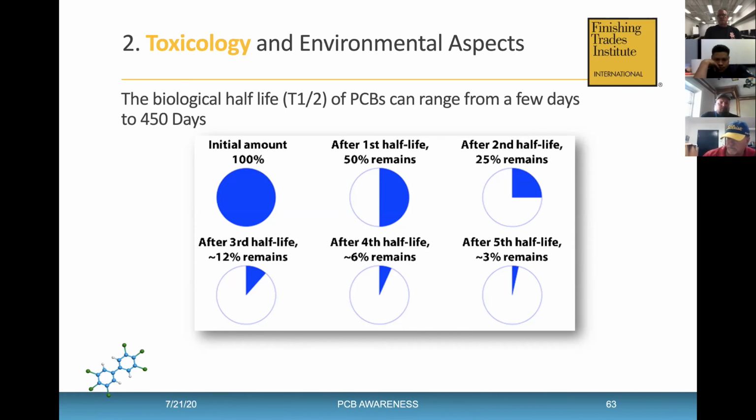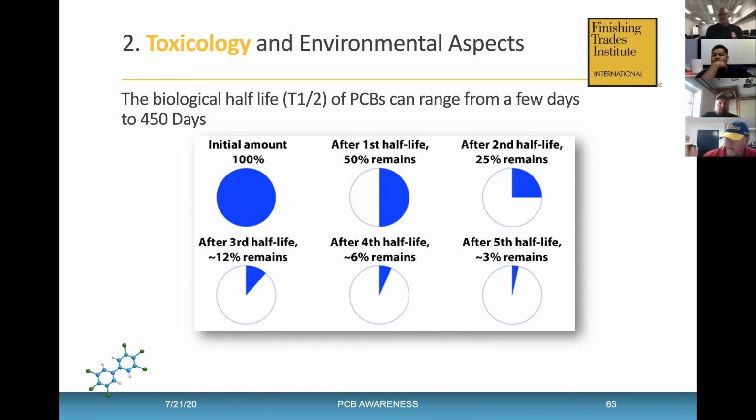Once you reach 10 half-lives, which would be 4,580 days, they say that for most intents and purposes, it's all about eliminated from your body. But imagine that. If you get it in one dose, it's going to take 4,500 days to almost completely remove PCBs from your body.